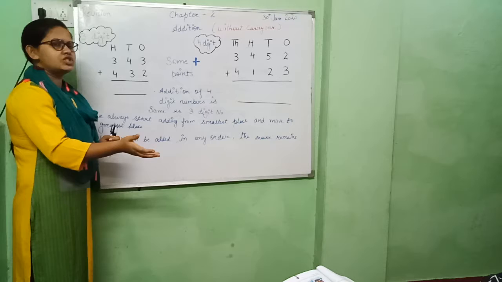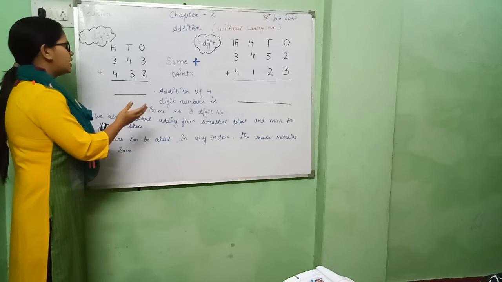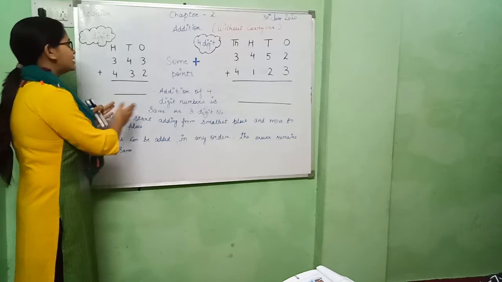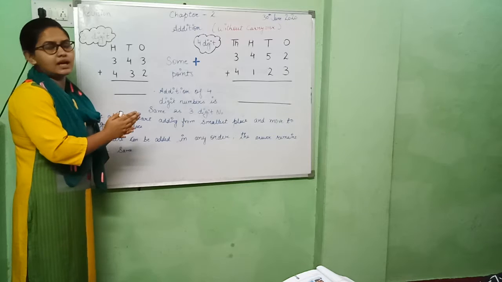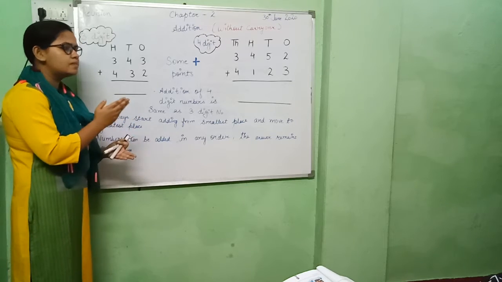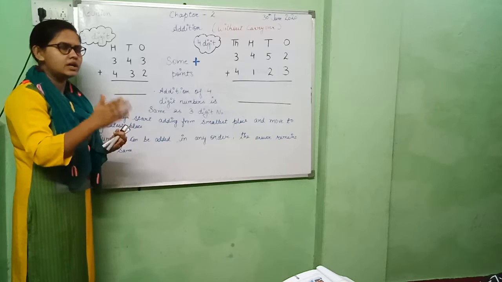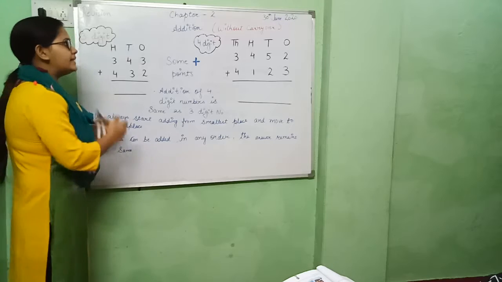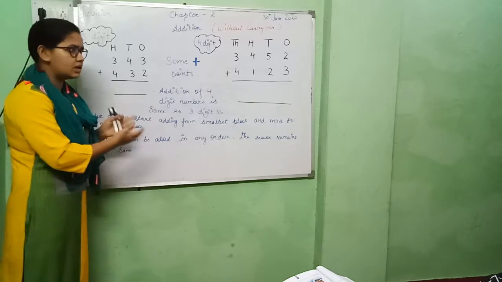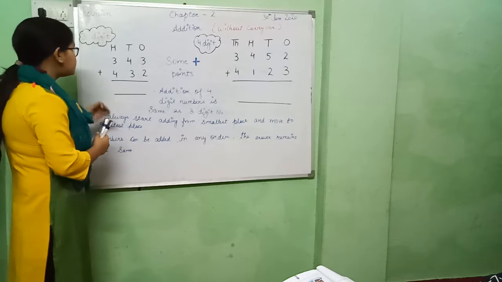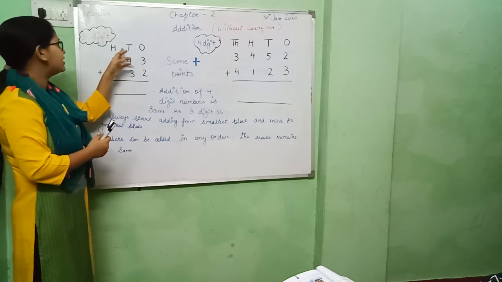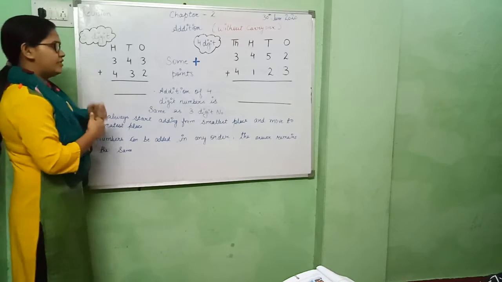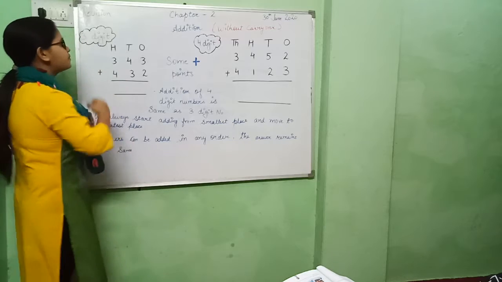Whenever I start the addition chapter, I always tell you to do this yourself, because it's easy to convert them into sections, and you will learn how to minus, plus, multiply: multiplication, subtraction, addition. In these sums you have to divide the digits like this, which I have done here on the whiteboard. You can see I have divided them into hundreds, tens and ones. Whenever we read, we read from hundreds, and whenever we write, we write from ones.